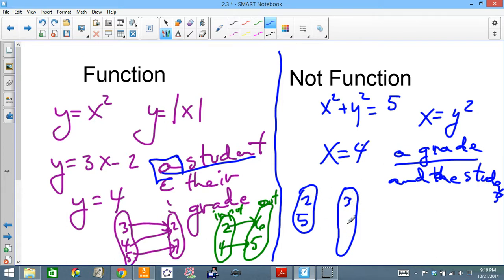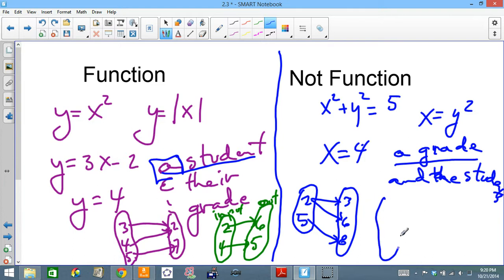So 2 is associated with 3 and 6. 5 is associated with 8. You notice that 2 has two different outputs here. So that's not a function.